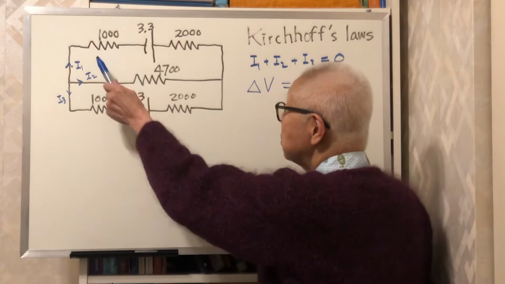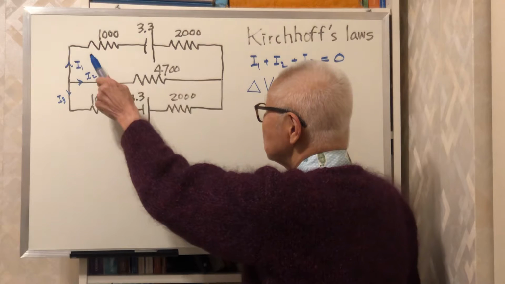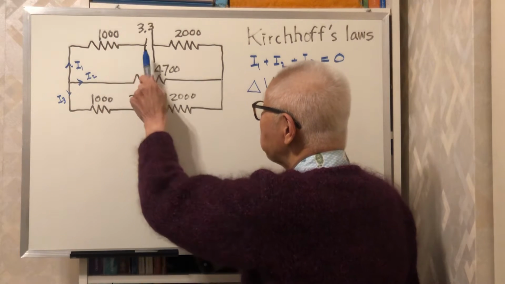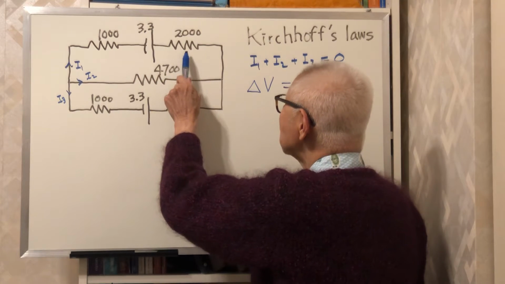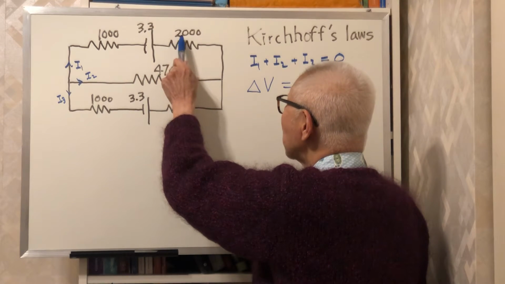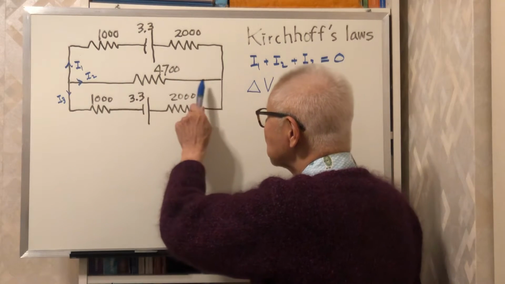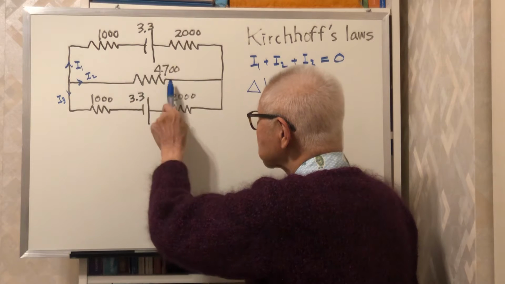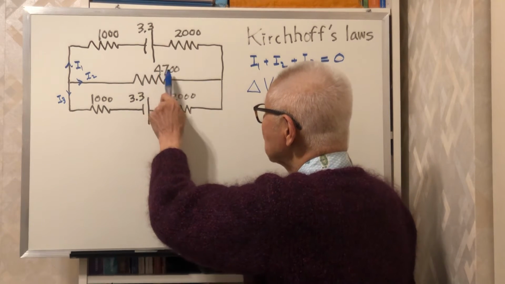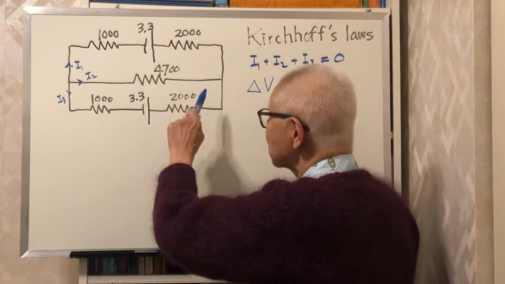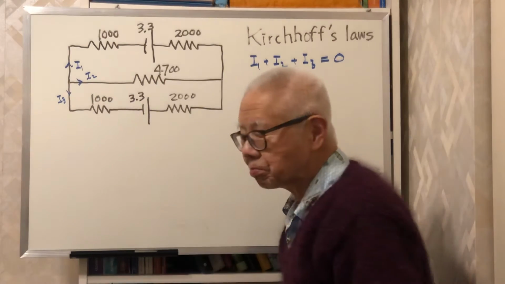The drop here, this is a rise. So IR minus 3.3 minus I times 2000, and this is I2, so this is a rise minus I2 times 4700, and so on and so forth. So you write the second equation, the third equation.